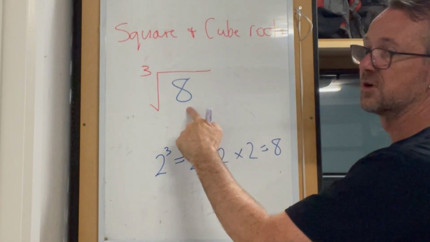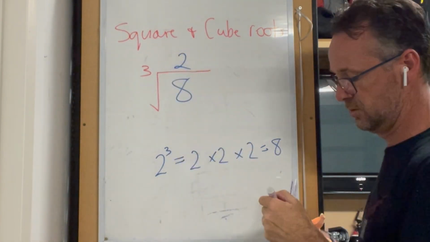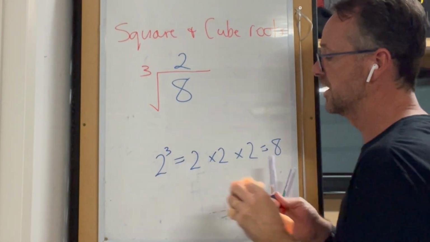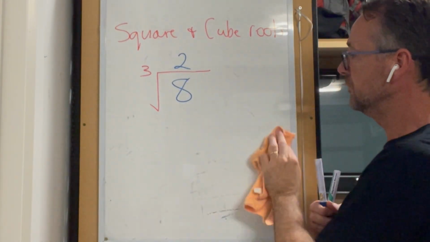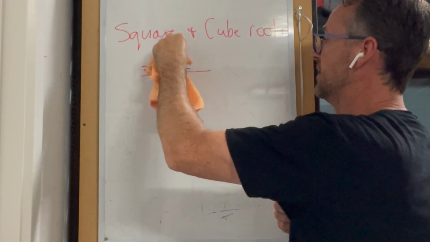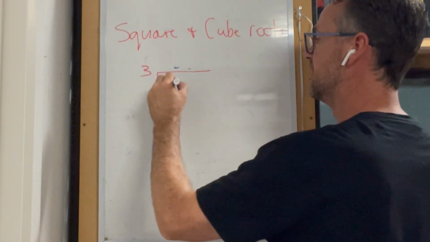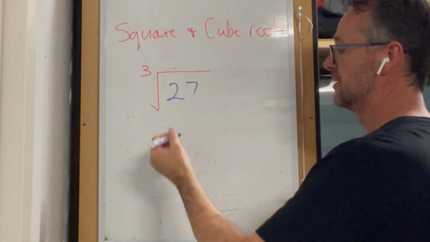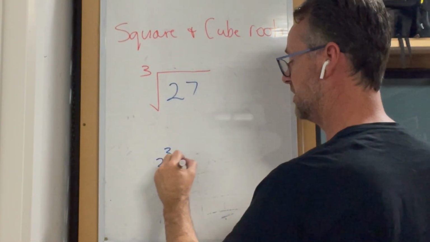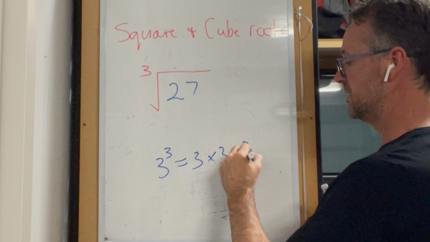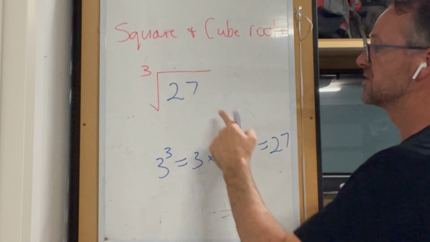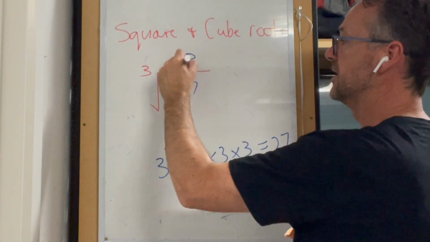So the cube root of 8 is going to be 2. Okay. So have a look at a different example. So if we look at, say, 27, 3 cubed is 3 times 3 times 3, and that equals 27. So the cube root of 27 is going to be 3.